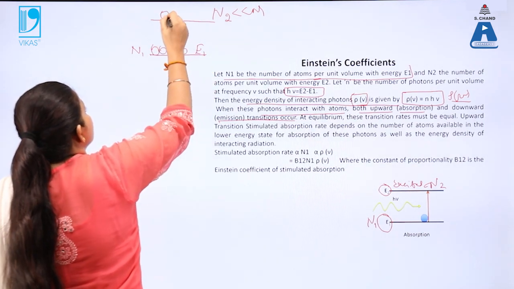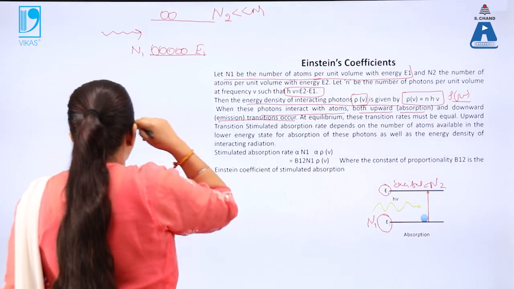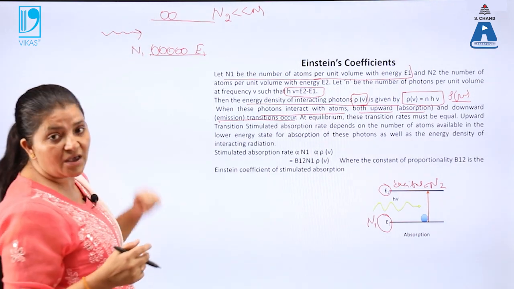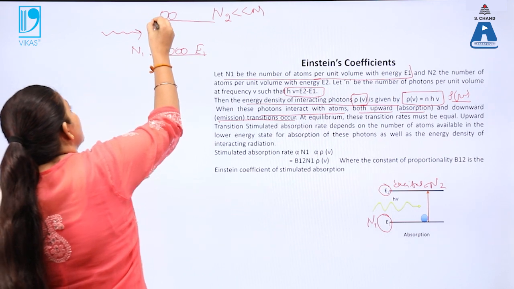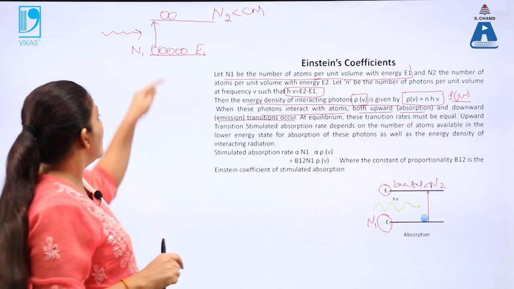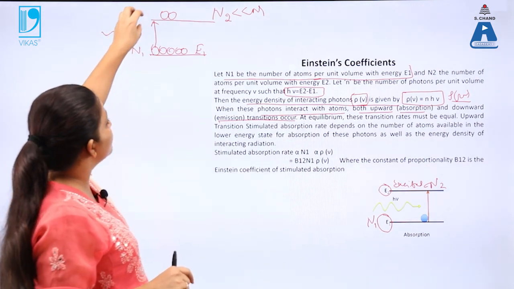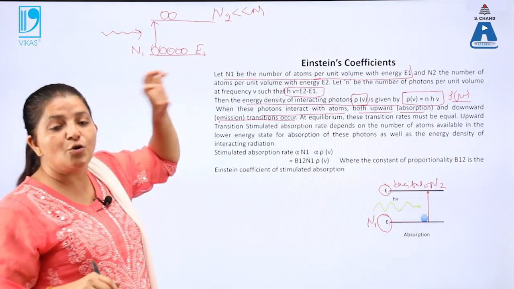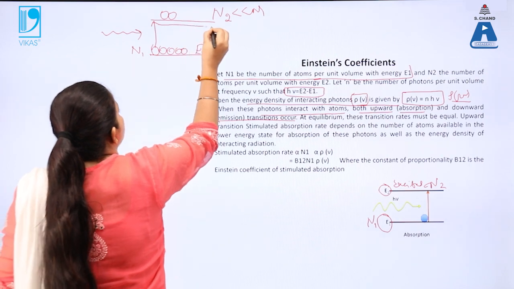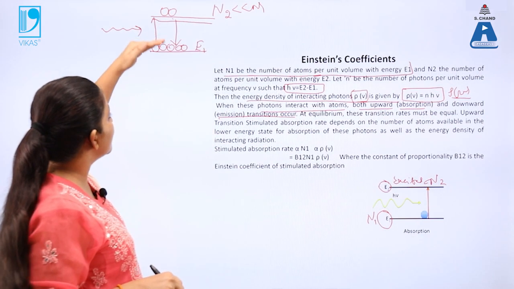When radiation falls on this system, some of the atoms will move from the ground state to the excited state by absorbing the radiation. In a similar way, the atoms present in the excited state, or the metastable state, can jump back from the excited state to the ground state.